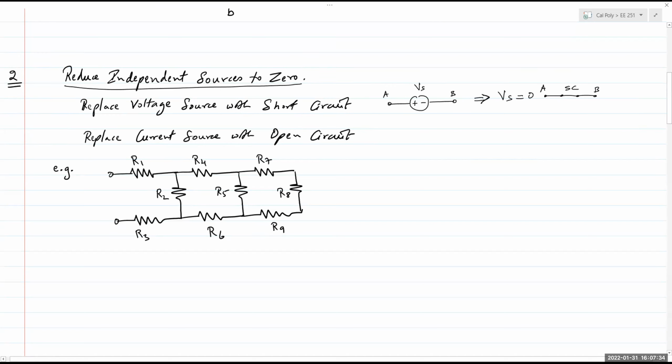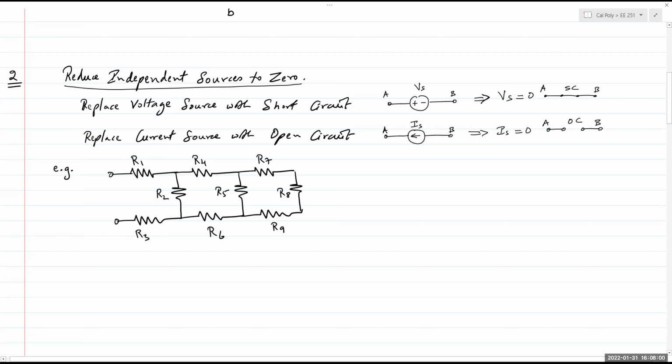All right. Current source, same principle. If you have a current source in a circuit and you want to reduce the value of that source or current to zero, well, the only way to make sure that no current flows through a point is if there is a break in the connection. And so we replace it with an open circuit. All right.